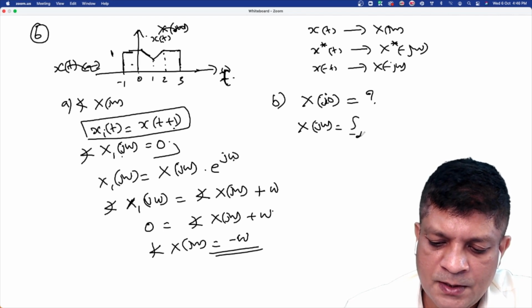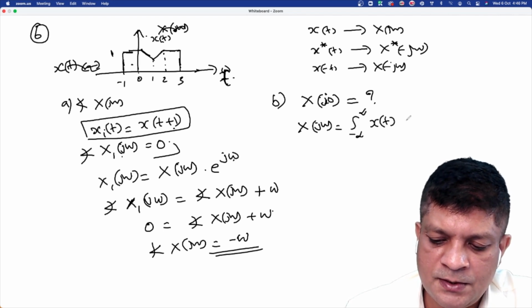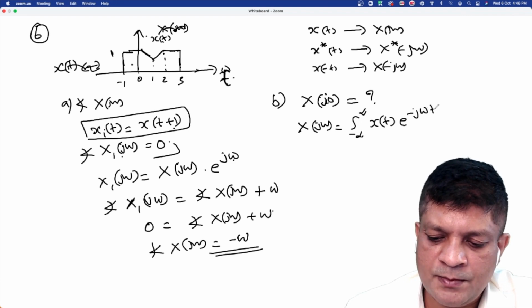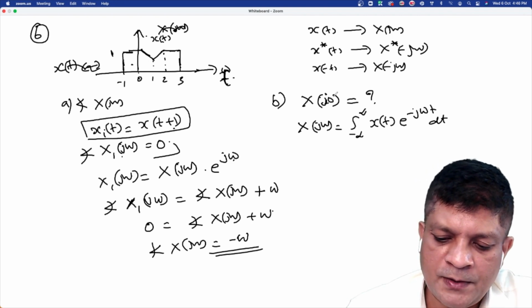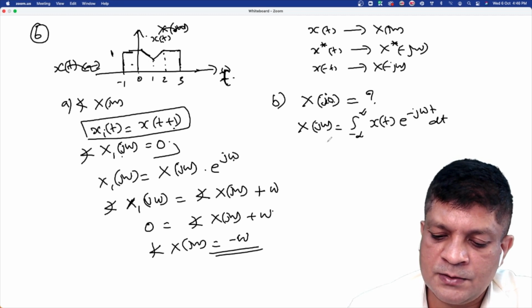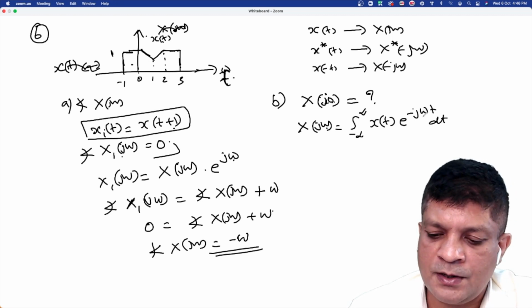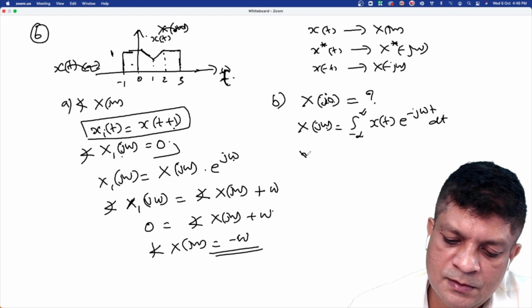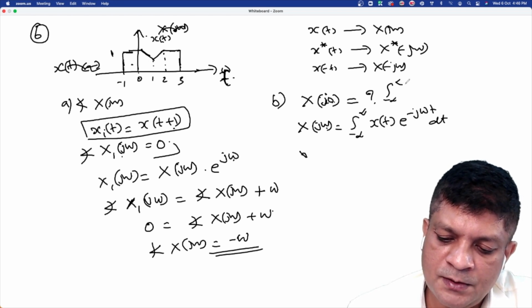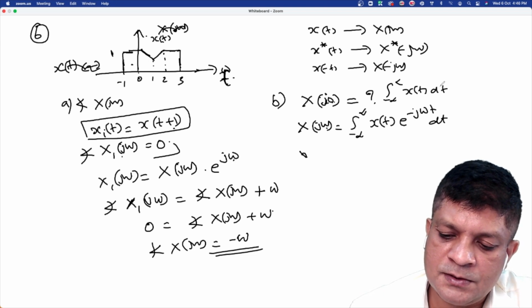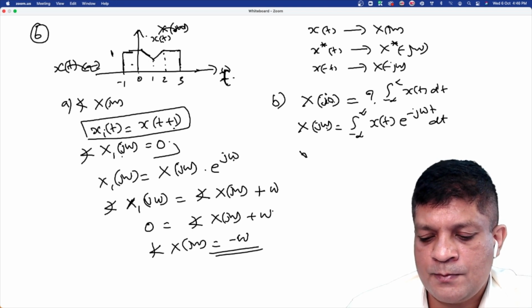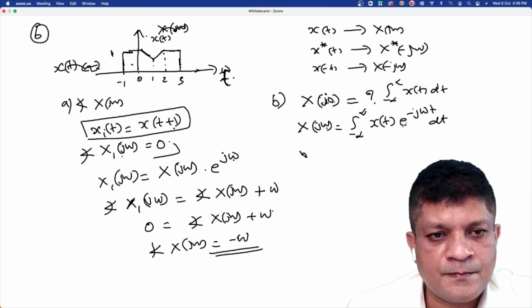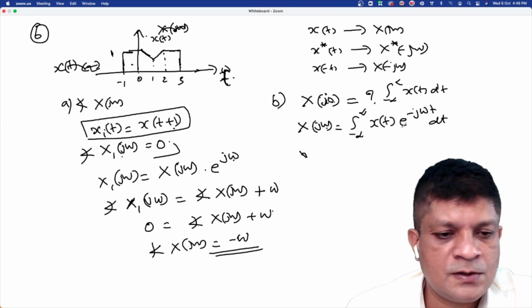It is the integral from minus infinity to infinity of x(t) e to the power minus j omega t dt. That is the Fourier integral. Now, if you want to find the value at omega equal to 0, put omega equals 0 here. So this is the integral from minus infinity to infinity of x(t) dt.